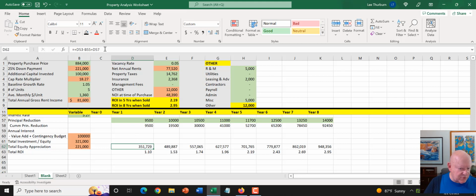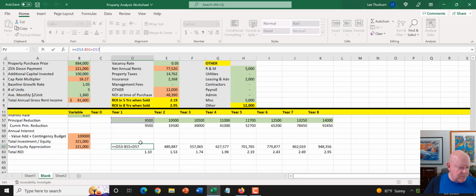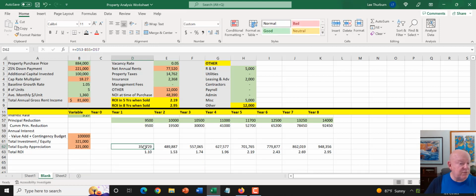If I put my cursor here, you'll be able to see. I'm adding the principal reduction plus the estimated sell price minus the original investment. That gives us a total equity at the end of year number one of $351,000.